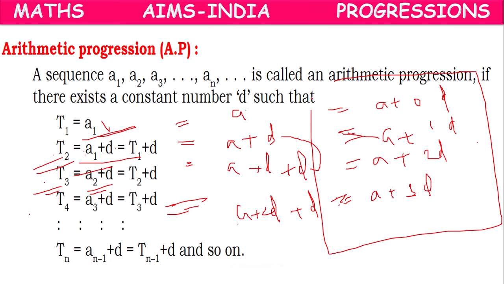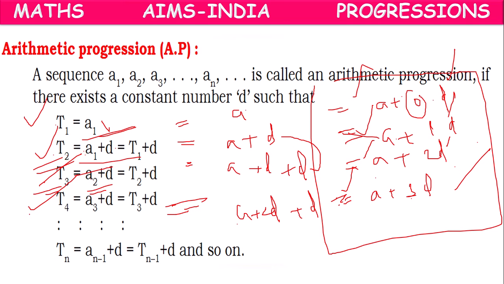If you observe these four terms, T1 formula is A plus 0D, T2 is A plus 1D, T3 is A plus 2D, T4 is A plus 3D. Here A is constant, D is constant.